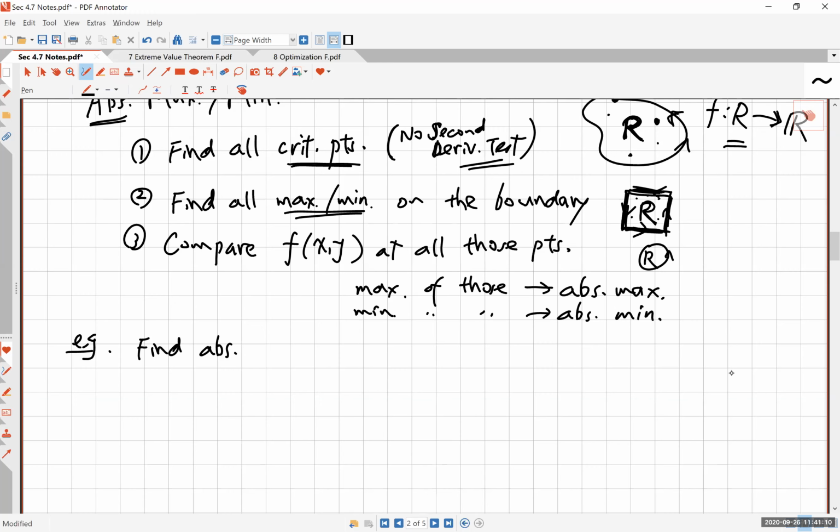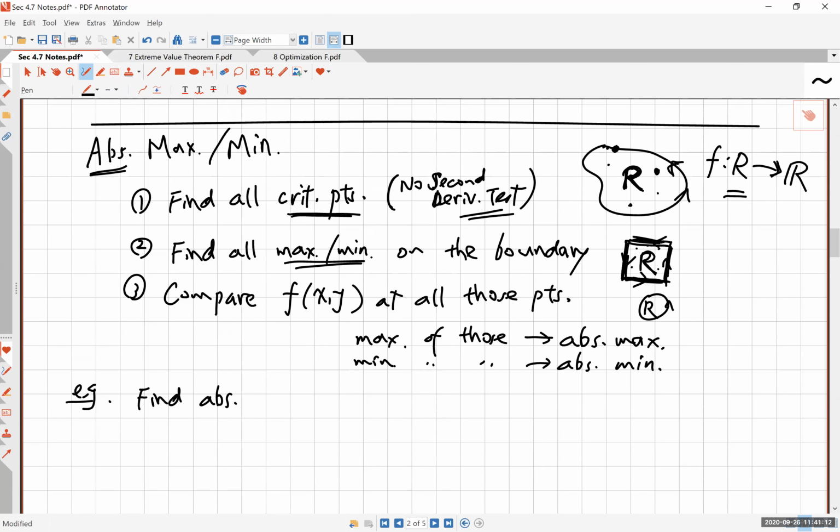You may have an absolute maximum value of, let's say, 100 here, and maybe another point it's 100 here, maybe another point 100. So there may be 3 points where the absolute maximum occurs, but the absolute maximum value is only 1.